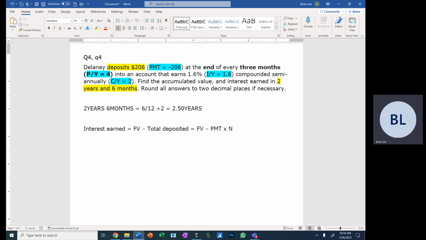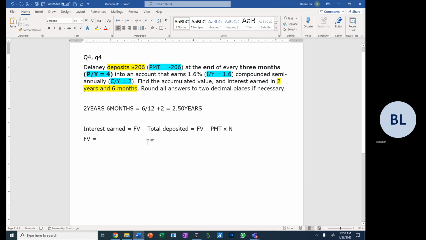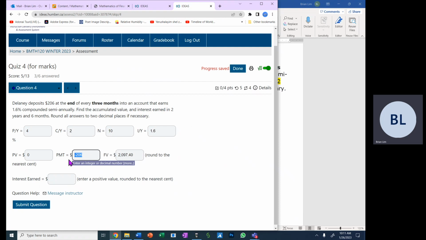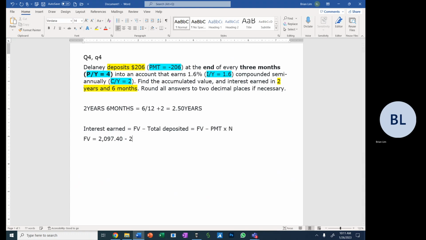All right, so now what do we have? Well, we had a future value of, what is it? Let's bring up the calculator. Maybe we can still see it there. Yeah, $2,097.40. And we subtract. So what do we subtract? Well, the payment is 206 and the value for n is 10. Okay, so 206 times 10, we can do that easily.